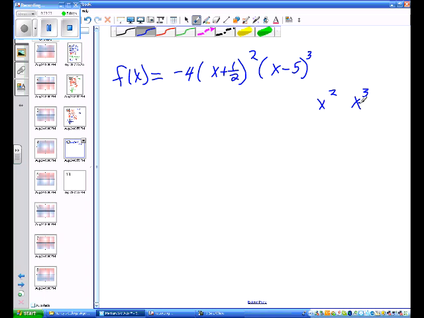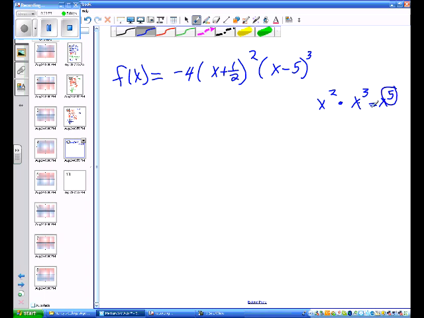Now, when we multiply those two answers together, when we multiply like bases, we add the exponents. So this polynomial, if we multiplied it all out, would be of degree 5.